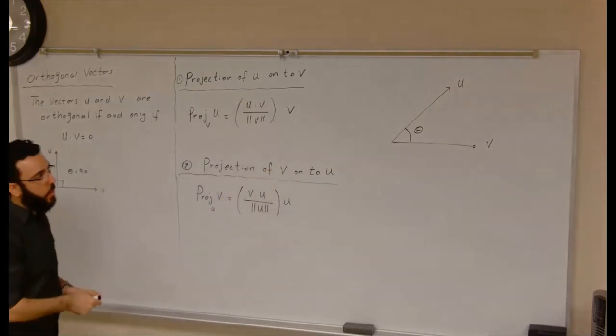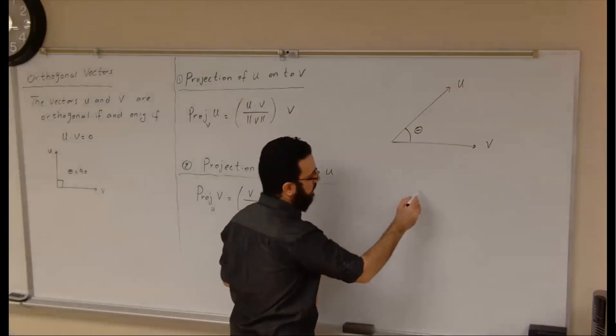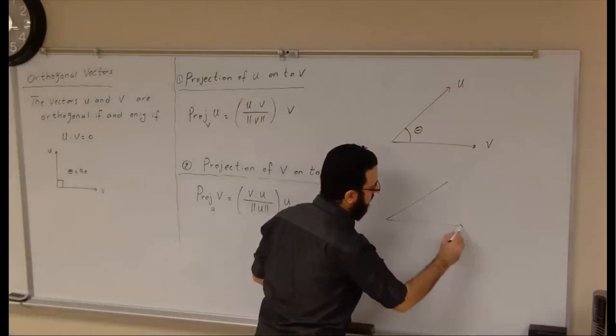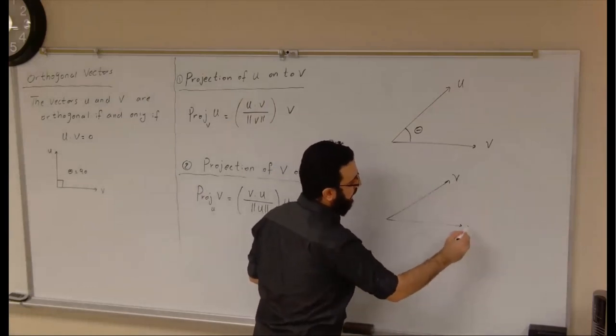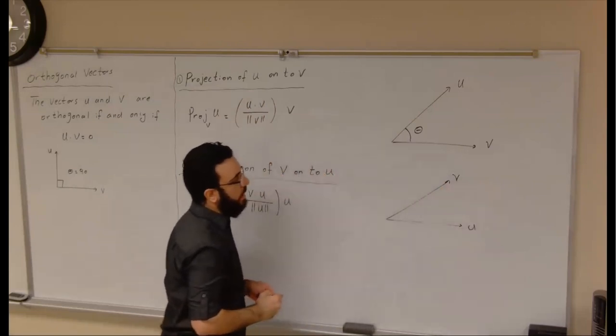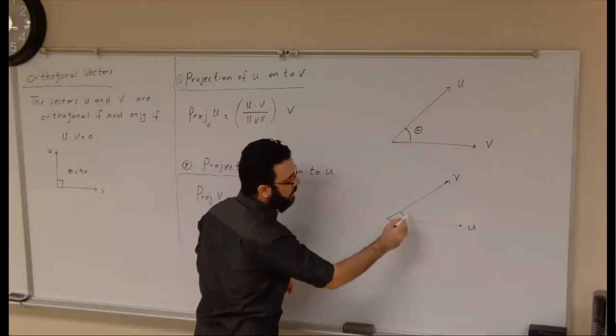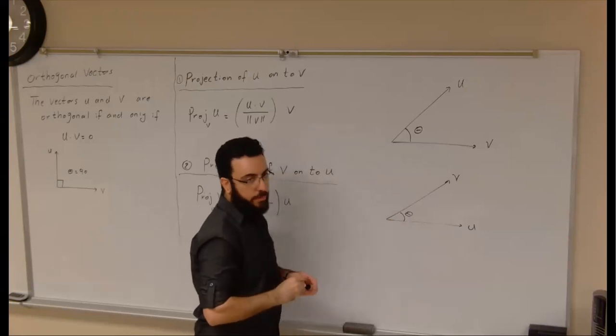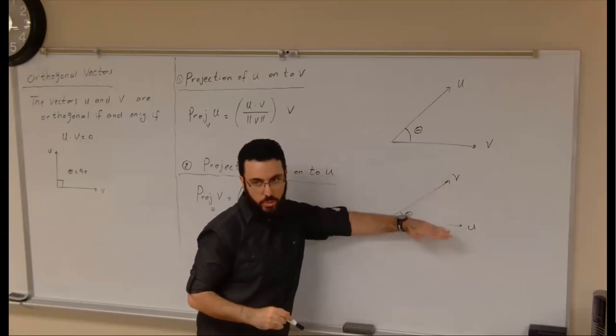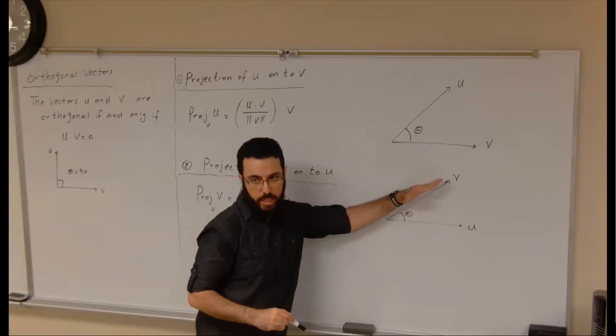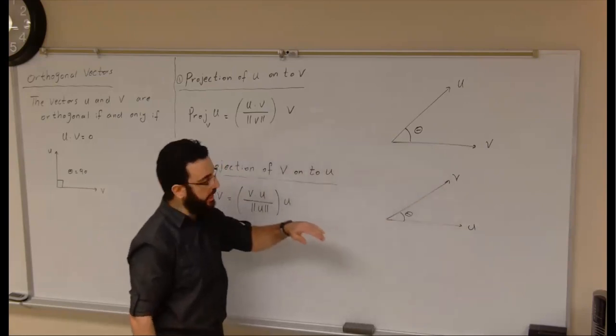The opposite one looks like the same graph, but here's v and here's u. Now the next one, we're going to do the projection of v onto u. Check the difference.